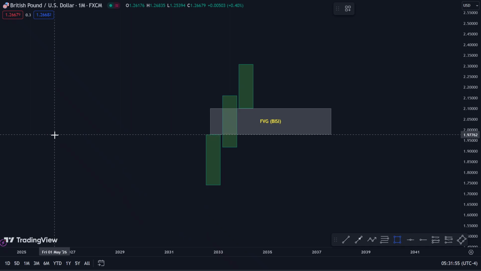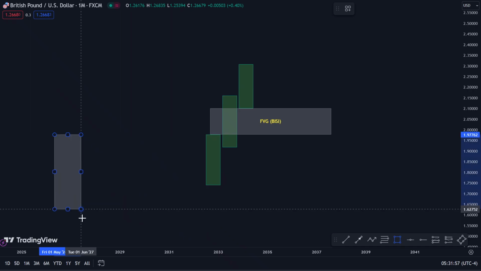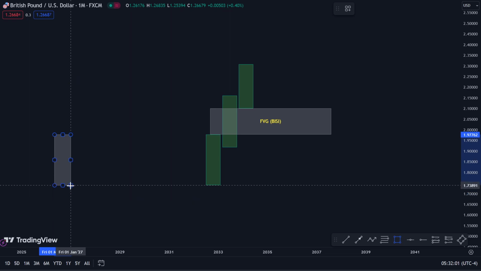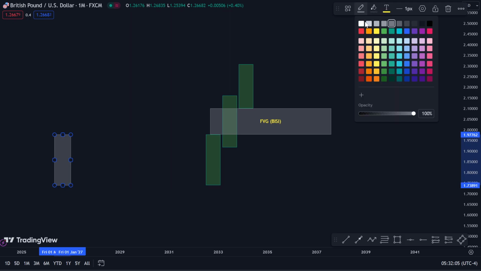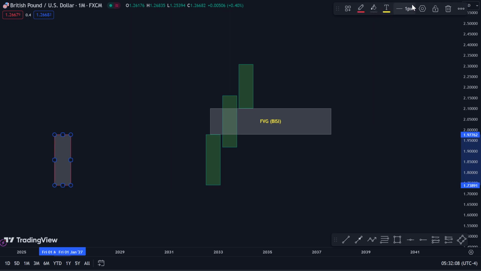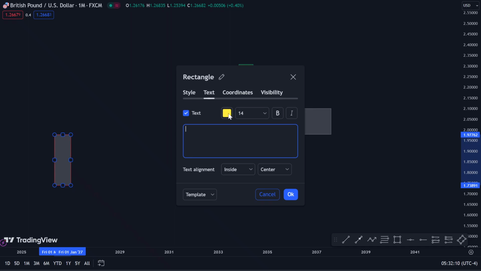Let's do the opposite of this, which is our CB. The opposite of this is CB.